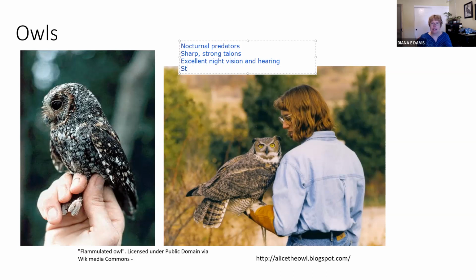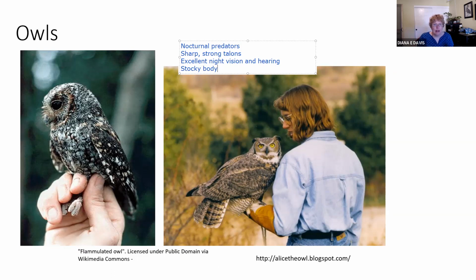Generally speaking, these guys also have a stocky body, and they come in a lot of different sizes. This is a great horned owl. That is the most common very large owl in the US.